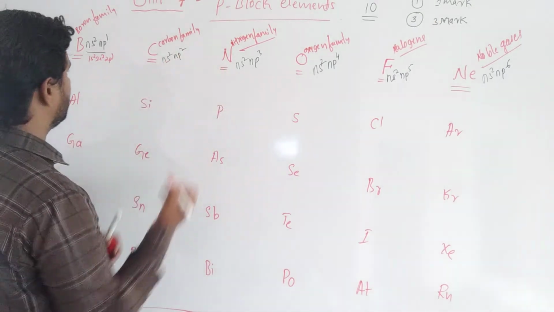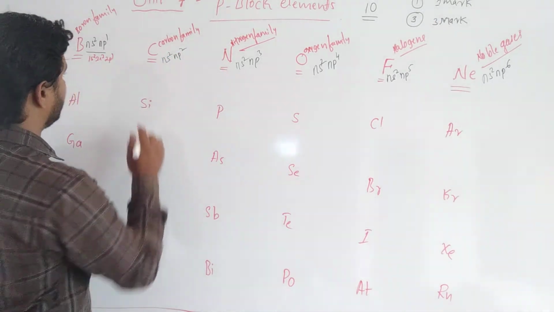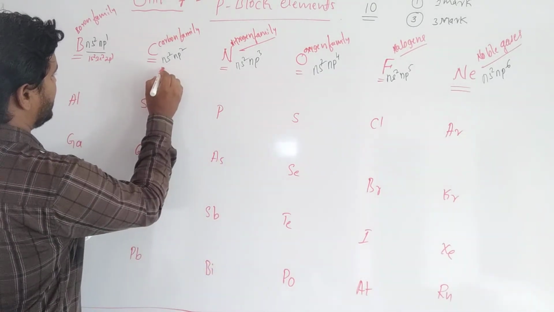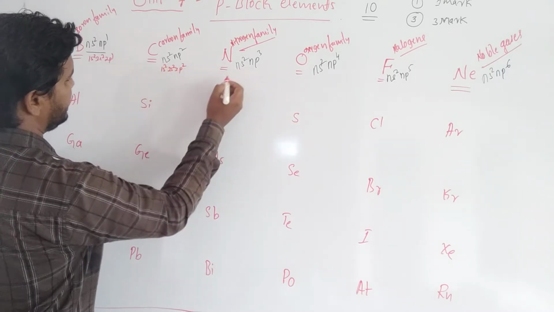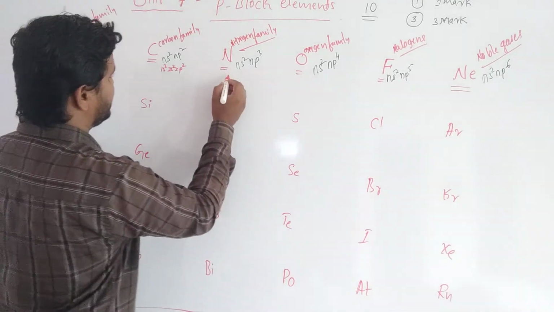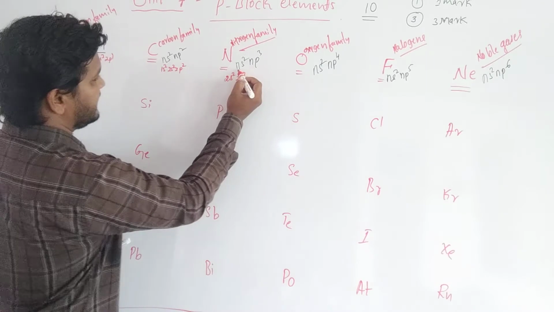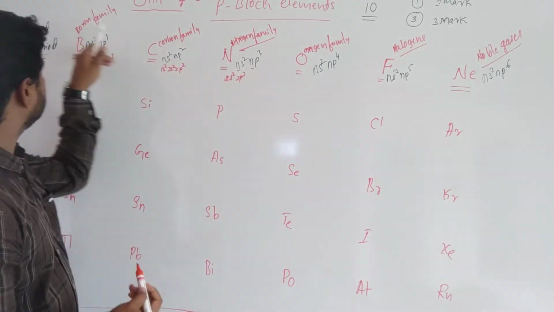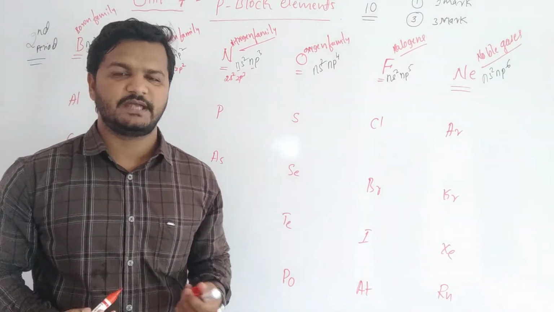For carbon the general outermost configuration is ns2 np2, and the actual is 1s2 2s2 2p2. Here I am going to write only the outermost electronic configuration. Nitrogen 2s2 2p3. Here n is nothing but the principal quantum number, which shows the energy level.